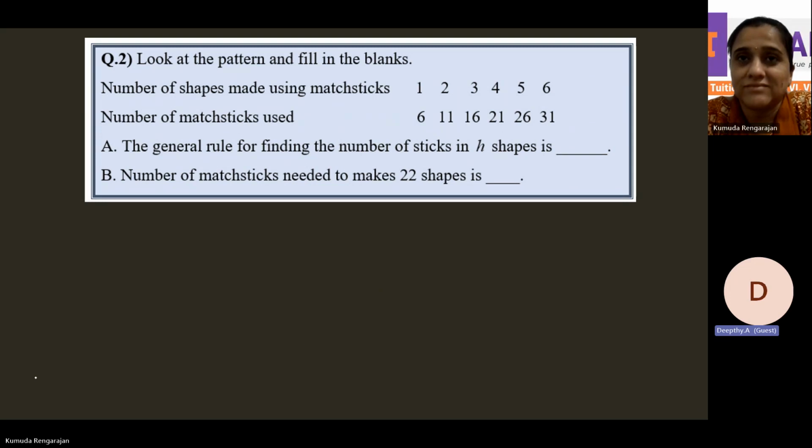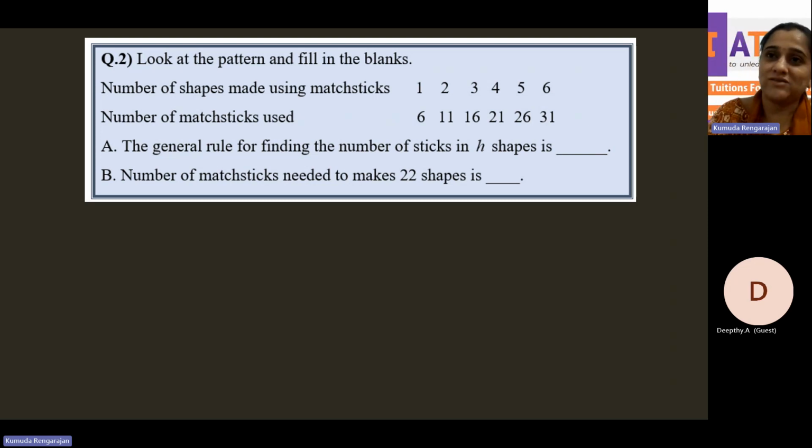Ma'am, should be H into 5? 2H? Yes, ma'am. 2H, huh? No, that won't work either. What H minus 2? 6 plus H minus 2.